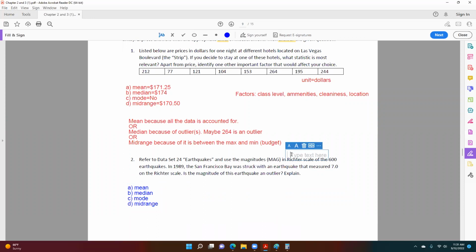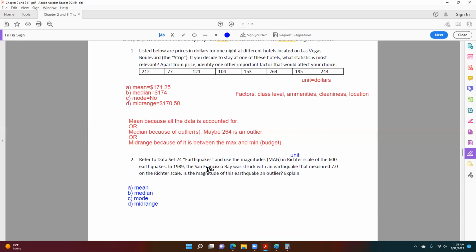So Richter scale is actually your unit. If you're too lazy to write Richter scale on all those things, just use units. This data has 600 measures of earthquakes, so you have to find the mean, median, mode, and mid-range of this data set.